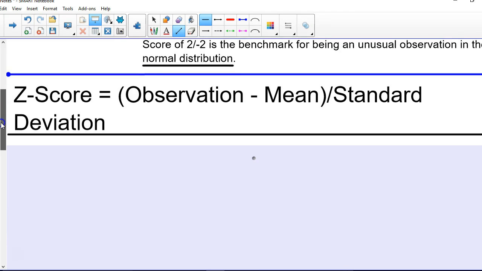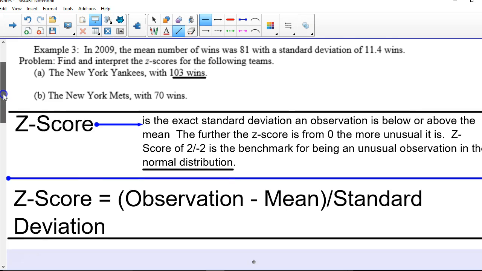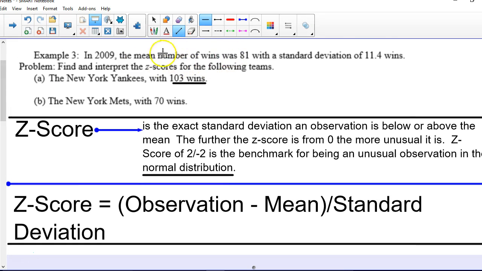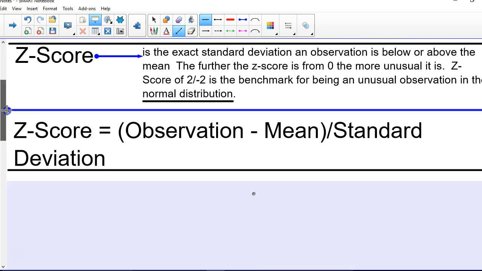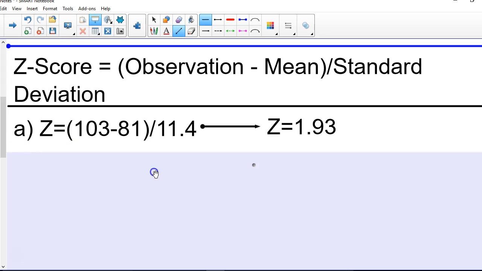Okay? I know my mean is 81. And I know my standard deviation is 11.4. So, with that, I take my observation, 103, minus my mean, 81. I divide by 11.4, and I get a z of 1.93.